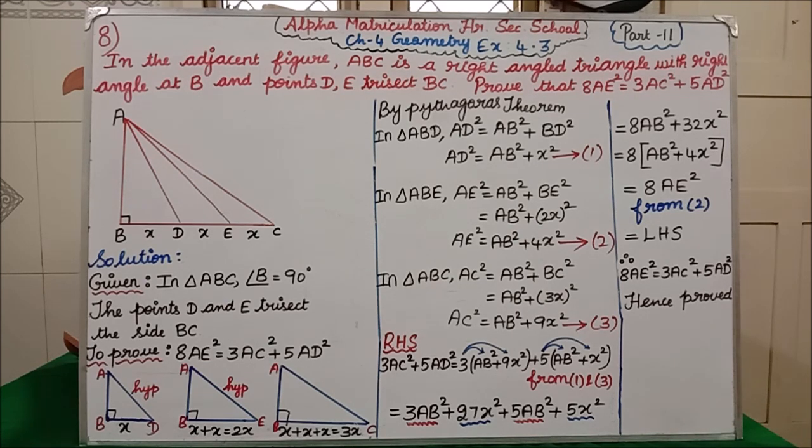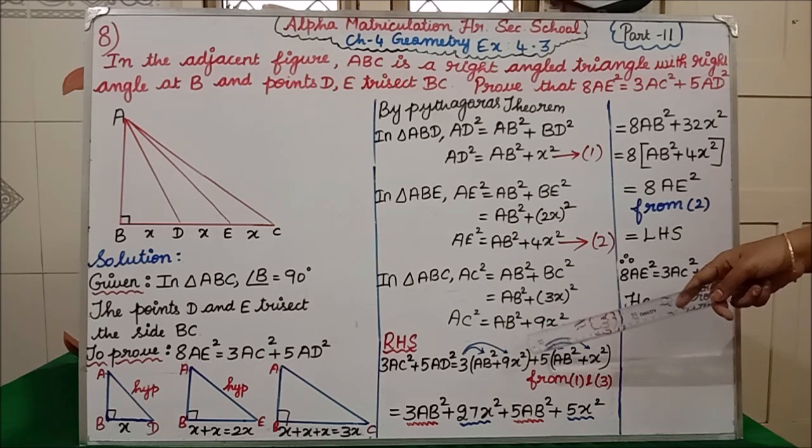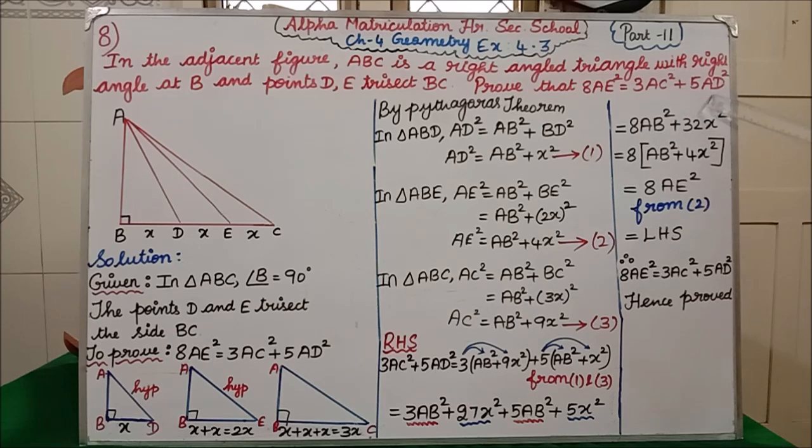Now what we are going to do is, see what we have to prove. 8AE square equals 3AC square plus 5AD square we want to prove, isn't it? But if you see here, AC square value we have found, isn't it? Similarly, AD square value we are having, isn't it?